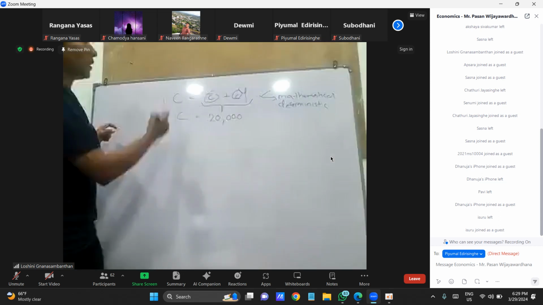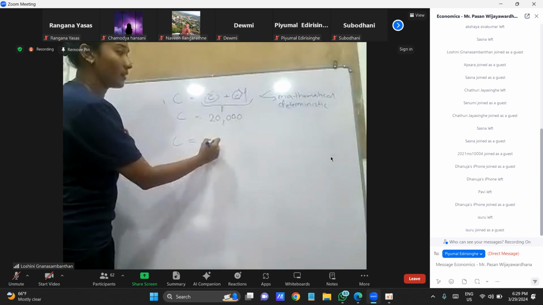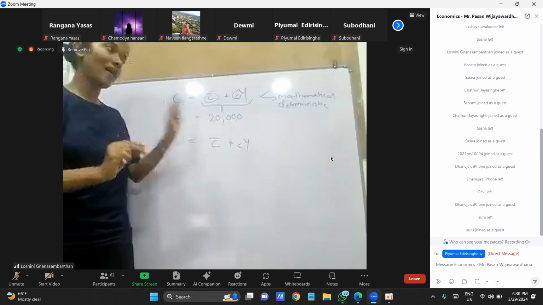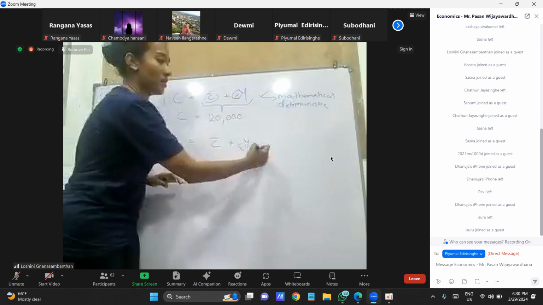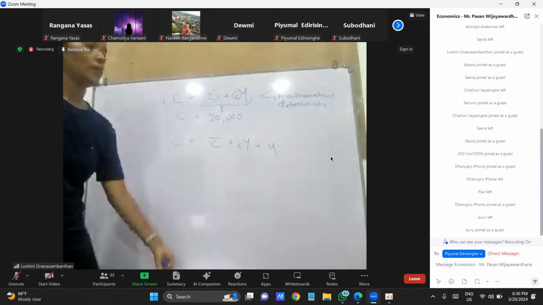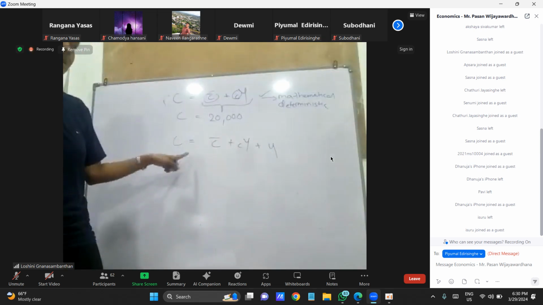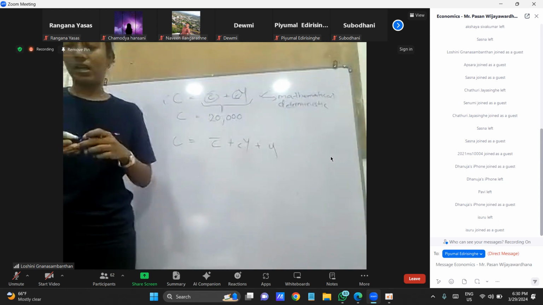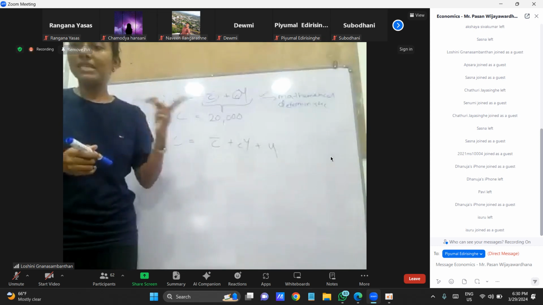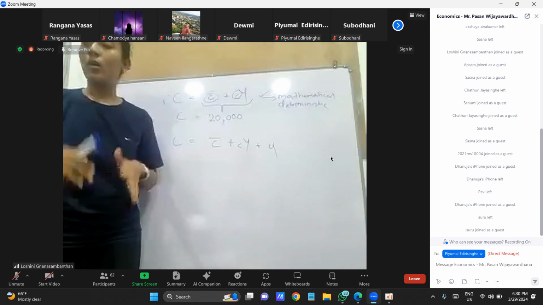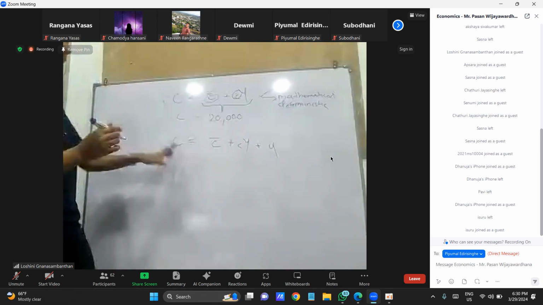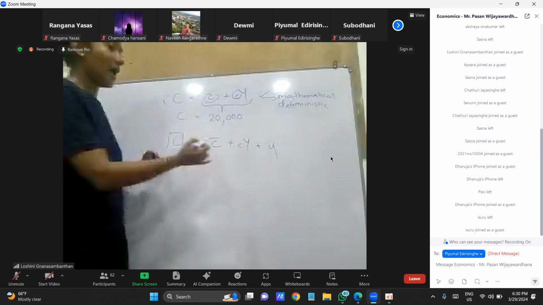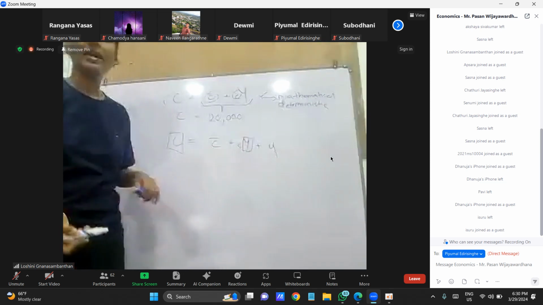But when you include the part that you haven't reflected in this equation, you can say that this is the econometric model. Okay, that's the first difference. Then the second is dependent and independent or explanatory variable. So in this case, the dependent variable is consumption and the independent variable is income.